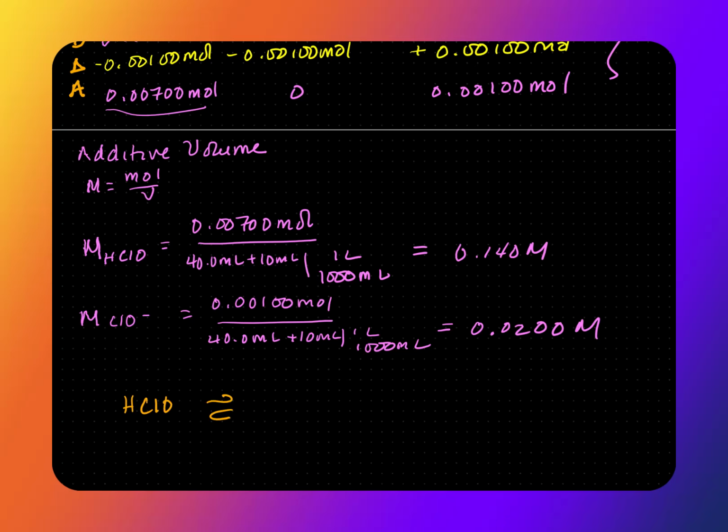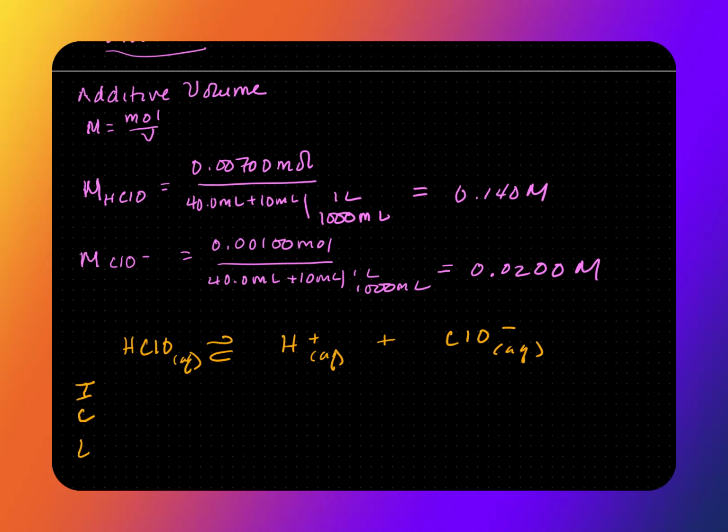It's going to dissociate down to H plus and ClO minus. These are all aqueous. And the ICE table must be in molars. So the HClO is 0.140 molar, and we use this because some of the HClO was neutralized by the added base.